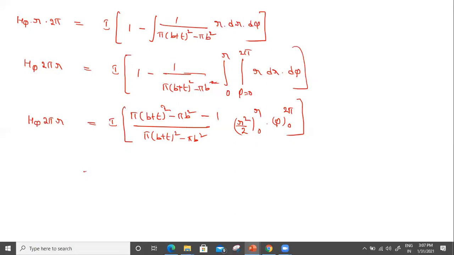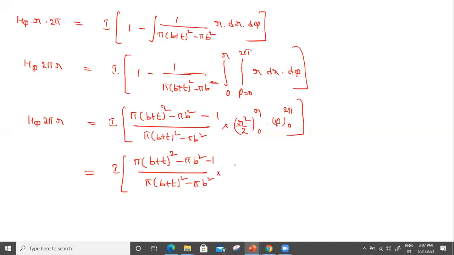So the left side is the same. I'm not going to write the left side. If you go for the right side, I open the brace. So here pi of (b plus t) square minus pi b square, minus 1 by pi of (b plus t) whole square minus pi b square, into this is a.